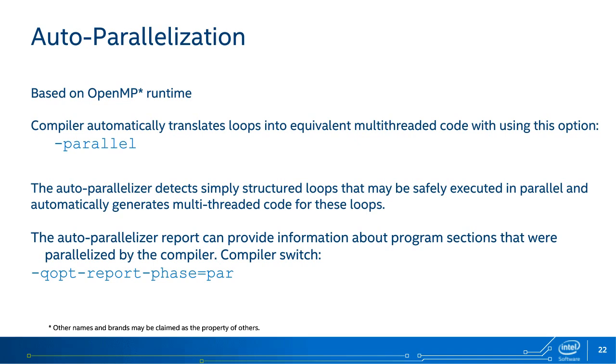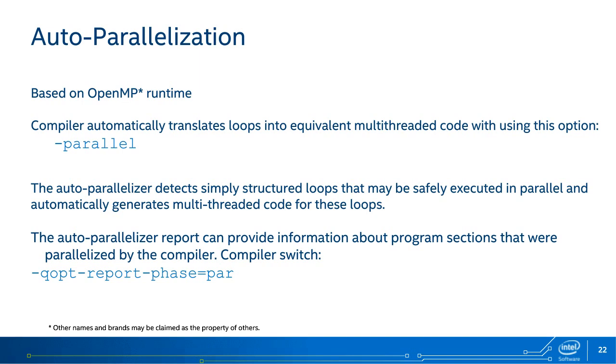So as you can see, we do have many different optimizations available in our compiler. It is high-level optimization, it is auto-vectorization, which is one of the most important and powerful parts, as well as inter-procedural optimization, IPO, PGO, and auto-parallelization.